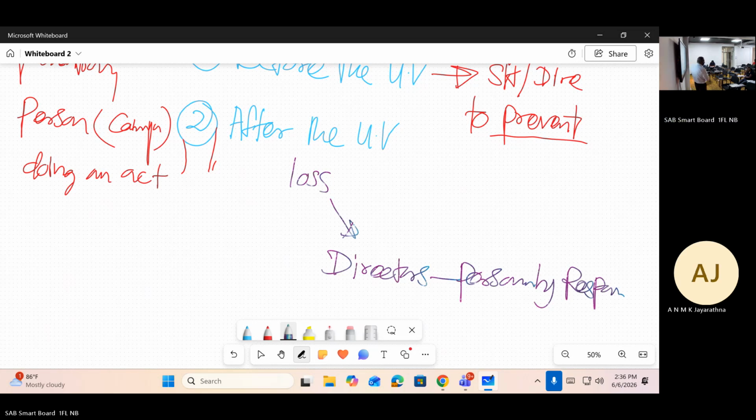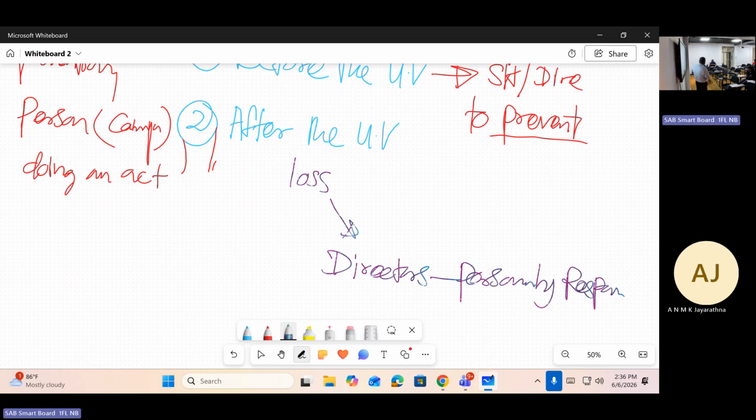That is after engaging into the ultra vires transaction. If the company suffers any loss, then directors must compensate the company. That liability goes to directors.